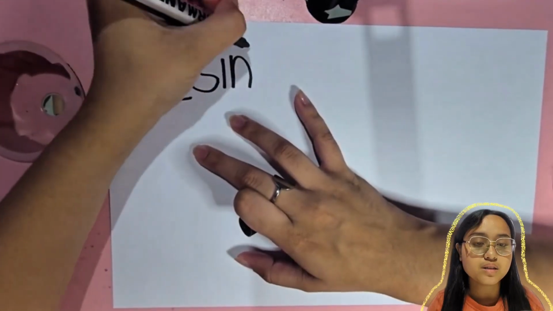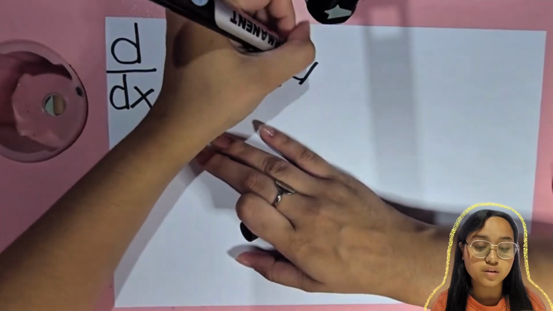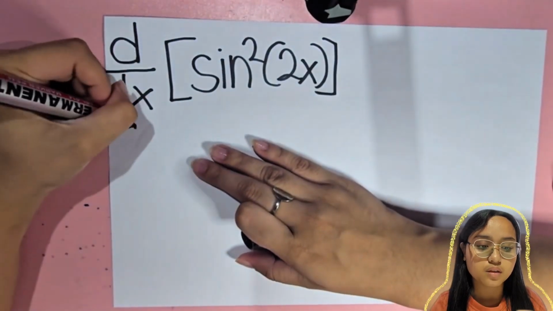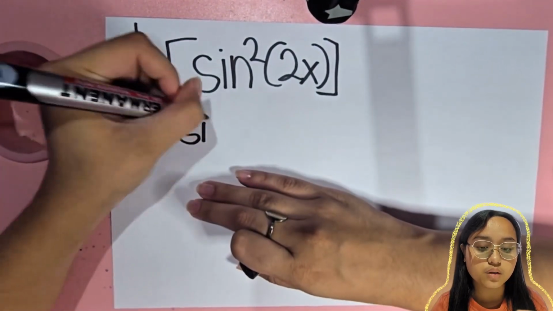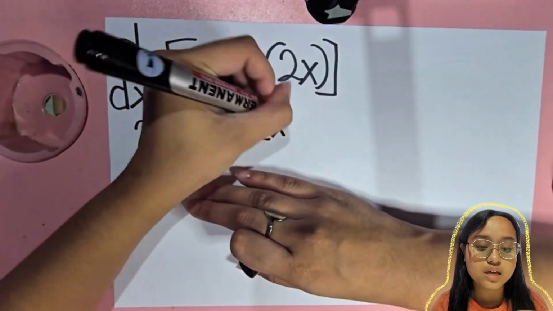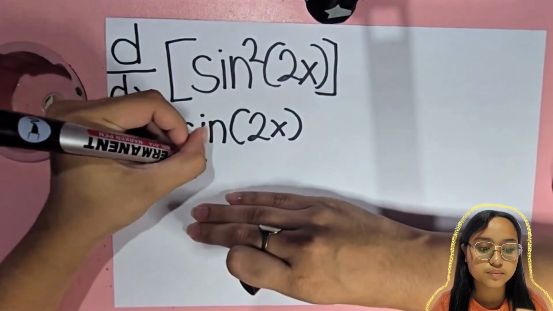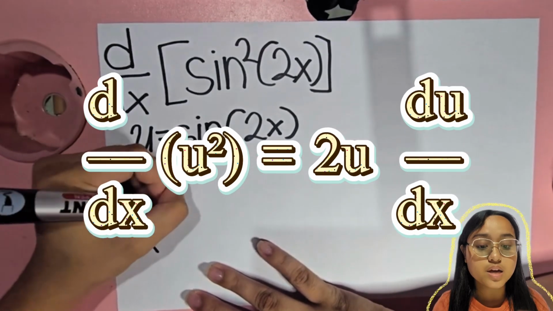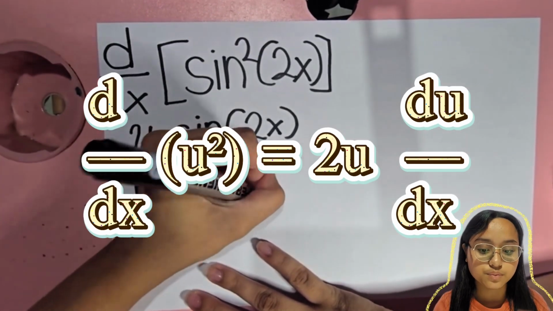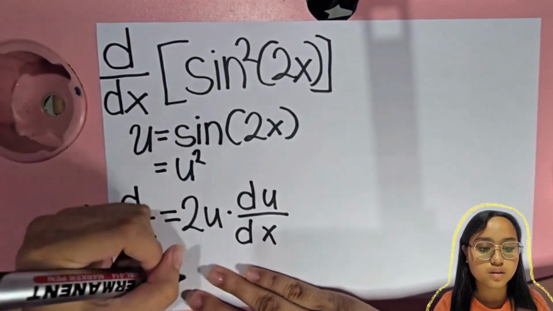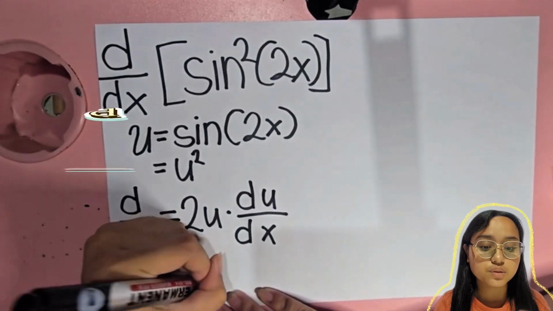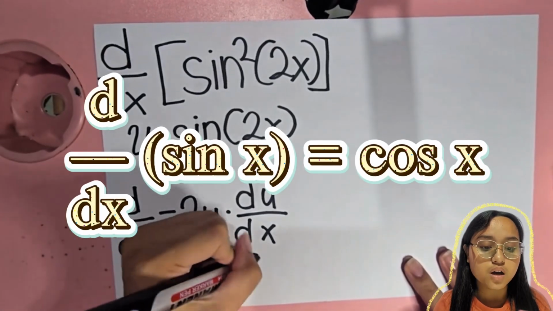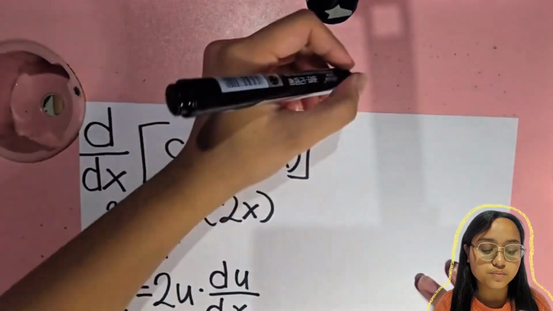Another example is the function sine squared of 2x. We will use the chain rule, so we'll let u equal sine of 2x. The derivative of u squared is 2u times the derivative of u. The derivative of sine of 2x is cosine of 2x times 2.